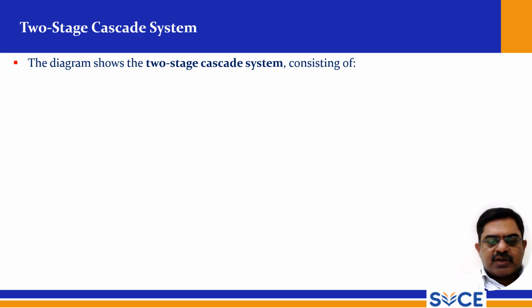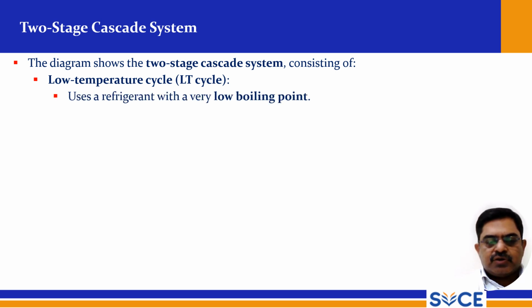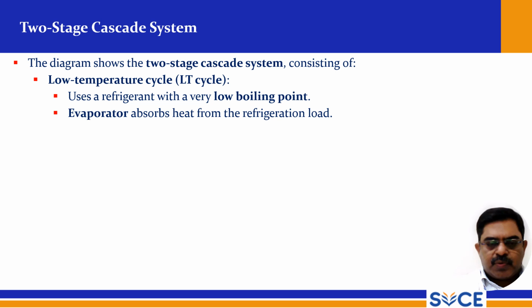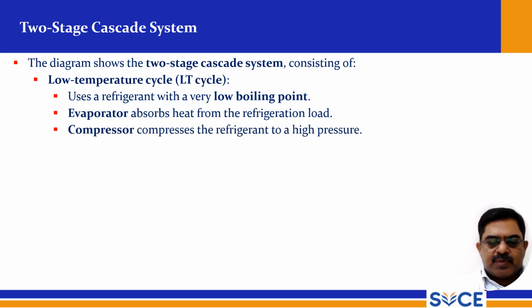The diagram shows the two-stage cascade system. It consists of the low temperature cycle, the LT cycle, which uses a refrigerant with a very low boiling point. The evaporator absorbs heat from the refrigeration load. The compressor compresses the refrigerant to a high temperature. The refrigerant rejects heat into the cascade condenser.